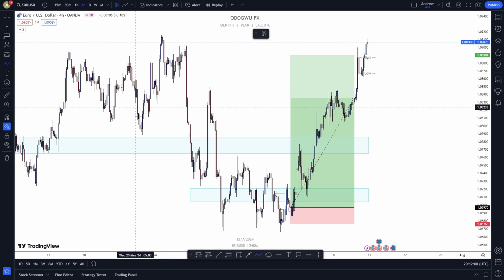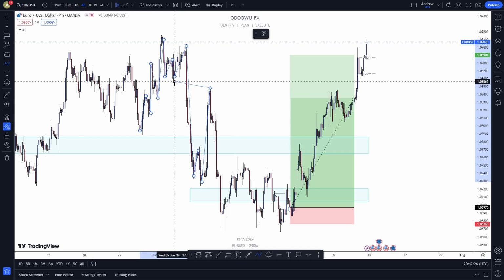So this is our higher highs and lows. Came up, broke the structure here. We tested the key level, and then continued back down.